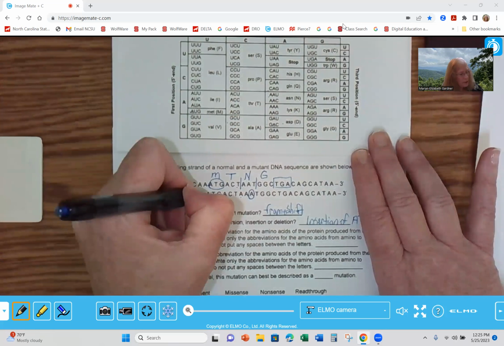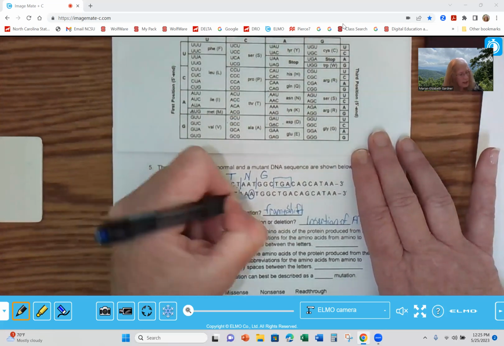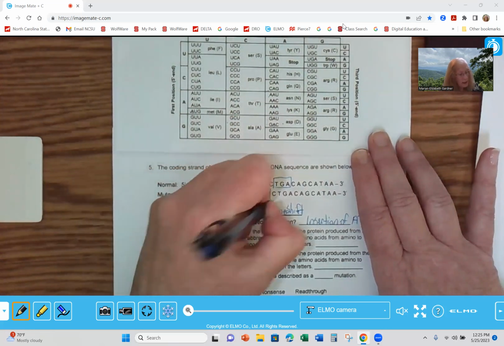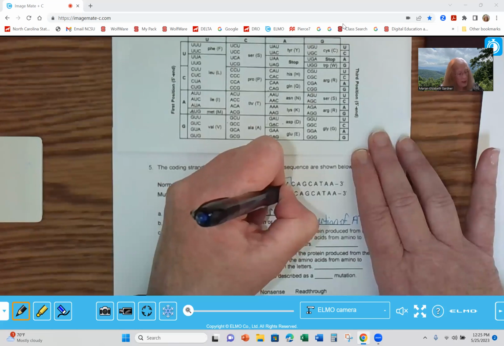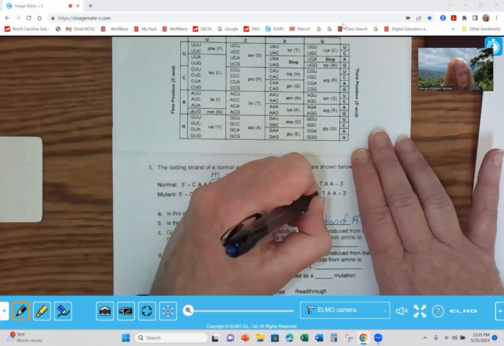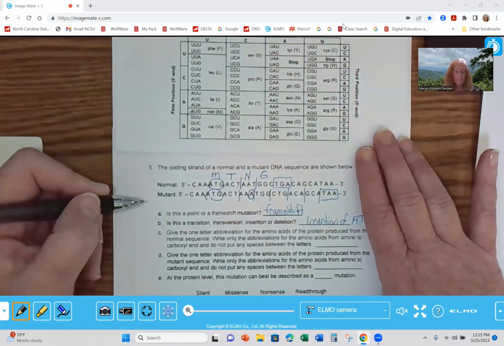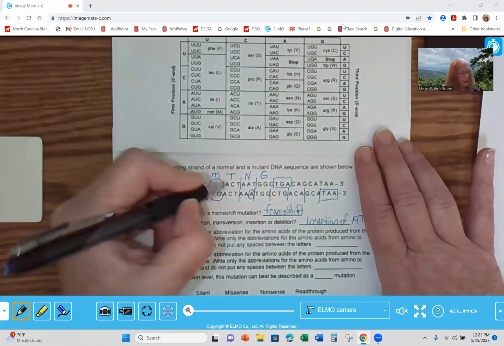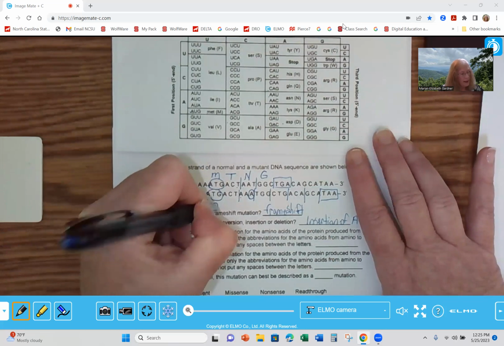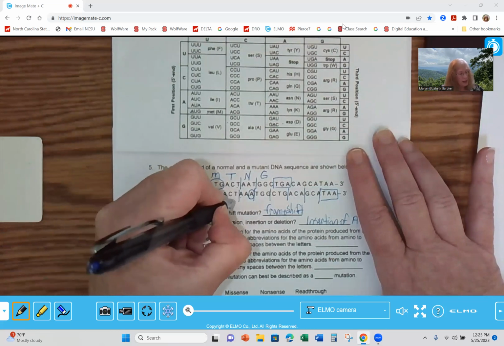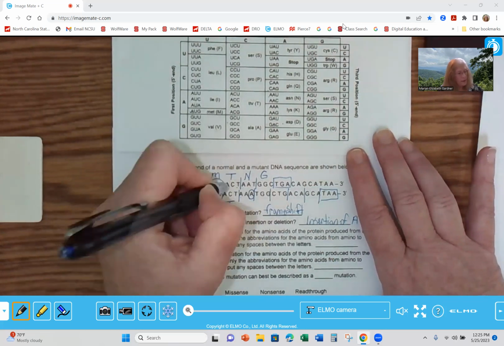Now let's look at the mutant. We'll just split it again into codons until we come up with a stop codon. Here we go, way at the end, UAA. So M, ACT, still going to be the same thing.